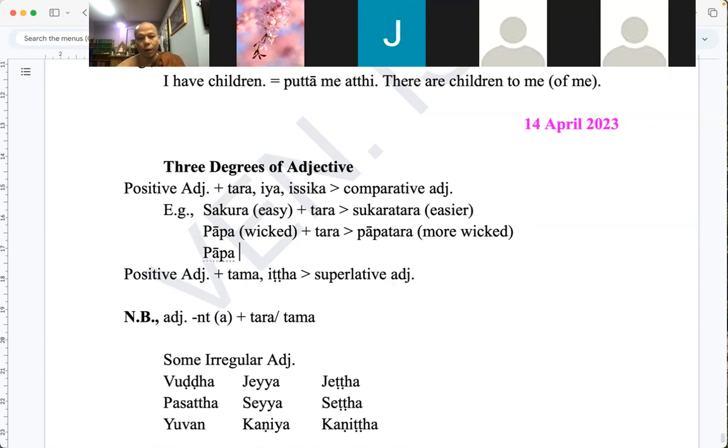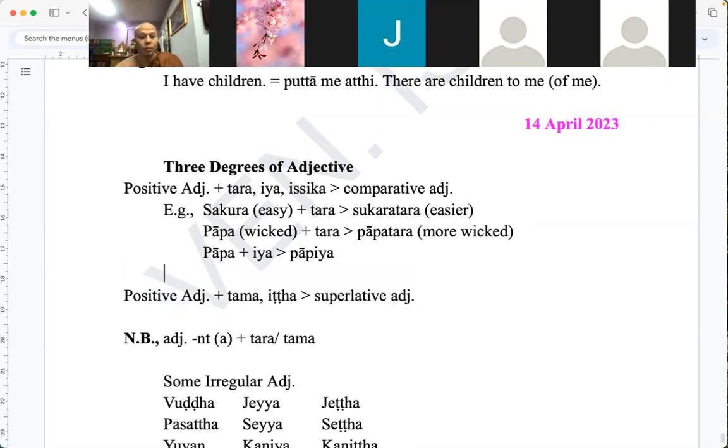maybe, pāpa, at the time, iya. So we have the pāpiya. Also the same meaning, wicked or more wicked. And the same with that one, that pāpa, I add the asika.